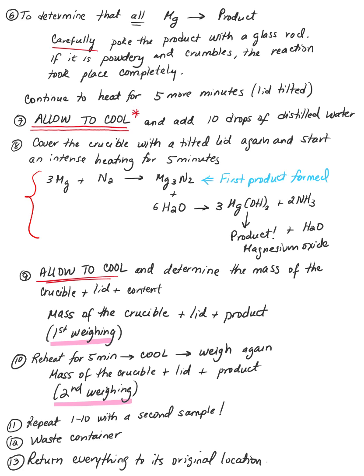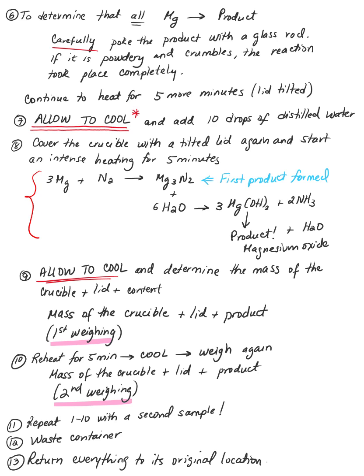Now in this step number 9, after your crucible cools down, this is the first time that you're going to use the mass balance after your steps 2 and 3, where you were determining the mass of your empty crucible and the mass of your crucible with the magnesium. Let the crucible cool down.